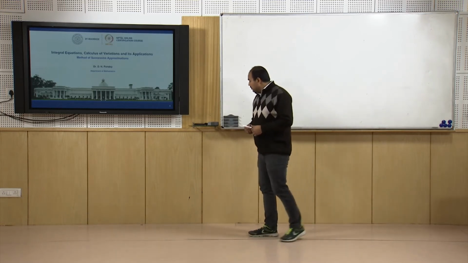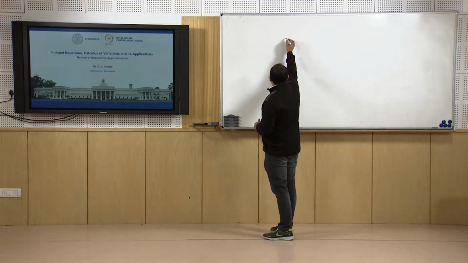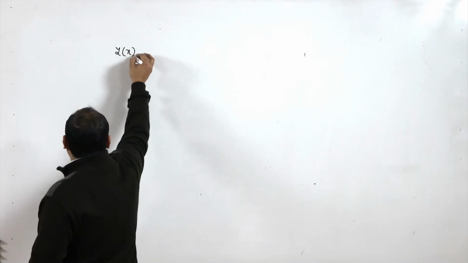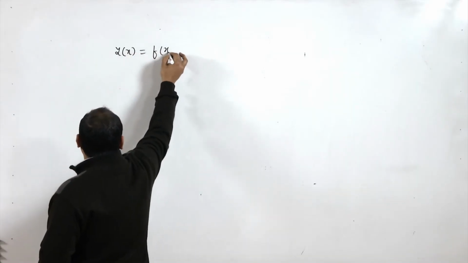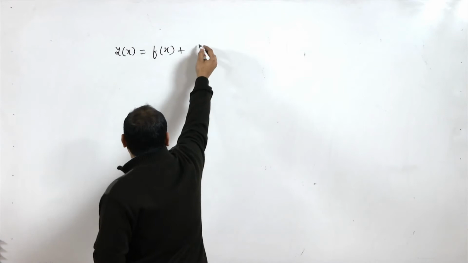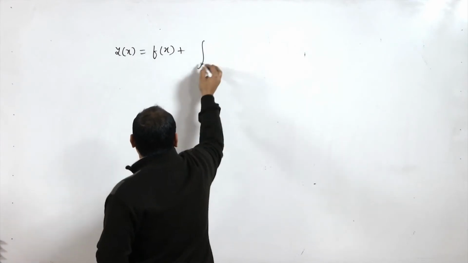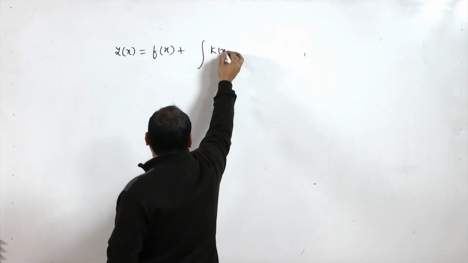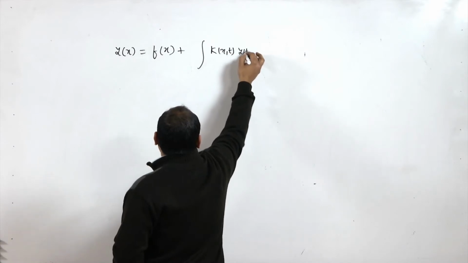So if you look here, the Fredholm integral equation of the second kind, I can write it here: y of x equals f of x plus the integral of k of x,t and y of t dt.